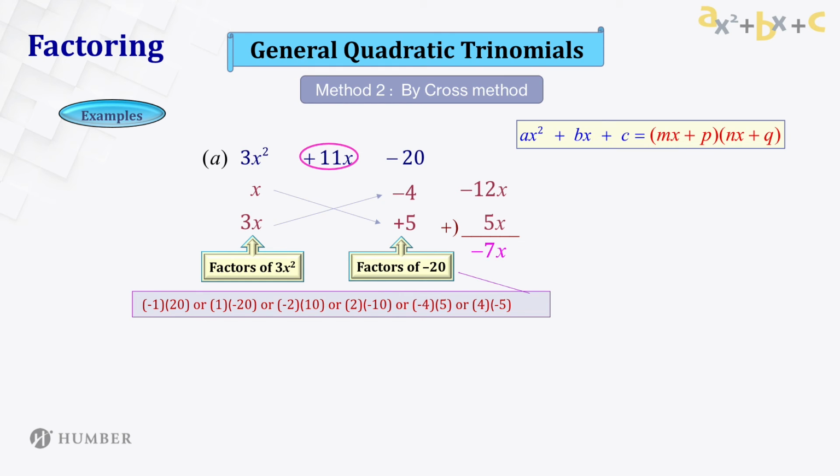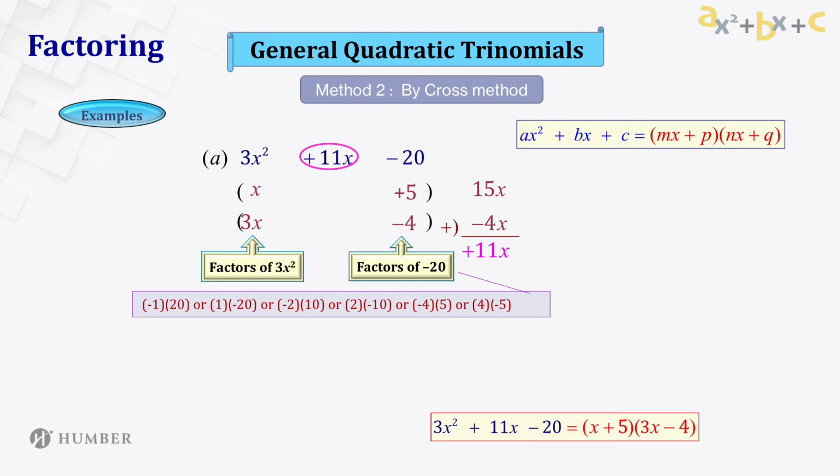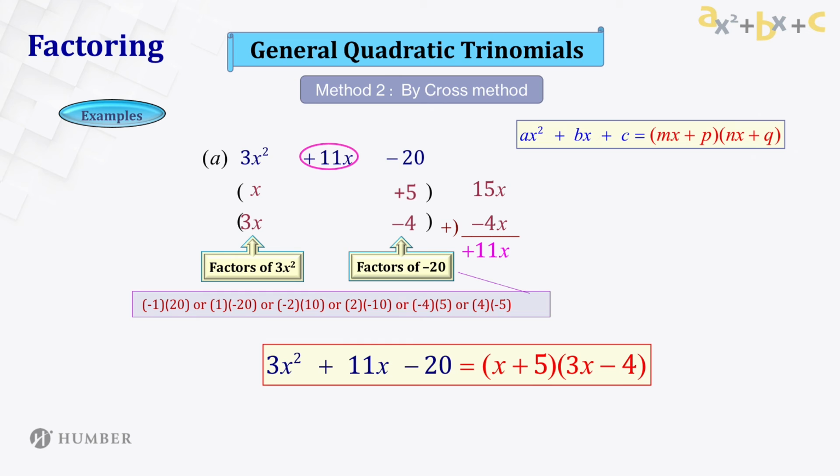The sum of the cross multiplication becomes 11x, which matches the middle term. Place each bracket top and bottom to get the factored form. So the answer is bracket x plus 5 times bracket 3x minus 4, which is the same result as the previous method.